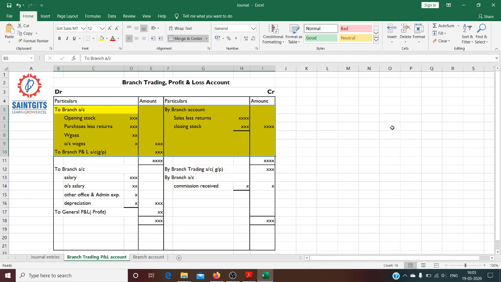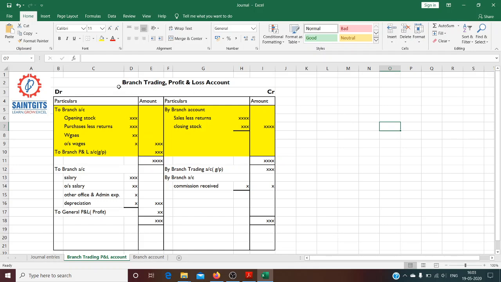So while writing the entry, we have to be careful that we are not supposed to specify items such as opening stock, purchases, wages, outstanding wages, sales, closing stock, etc. in our journal entry part. But these items are to be specified in the branch trading account.